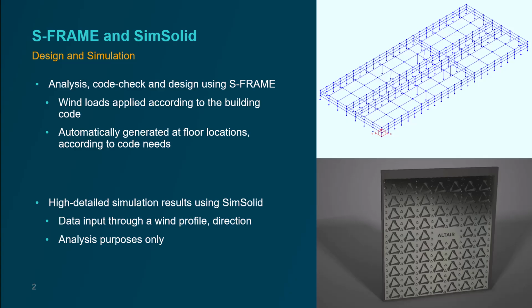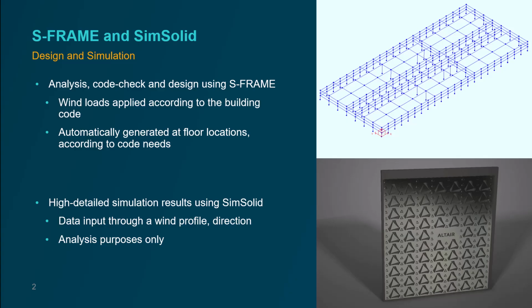On the other side, when we're talking about SimSolid, we have high detail simulation results that could be extracted from this. Contrary to what happens in S-Frame, where we input some data and that creates the equivalent of the wind loads, in the case of SimSolid the data input goes through a wind profile, and we need to define a direction and a few other parameters that we're going to see later during this presentation.